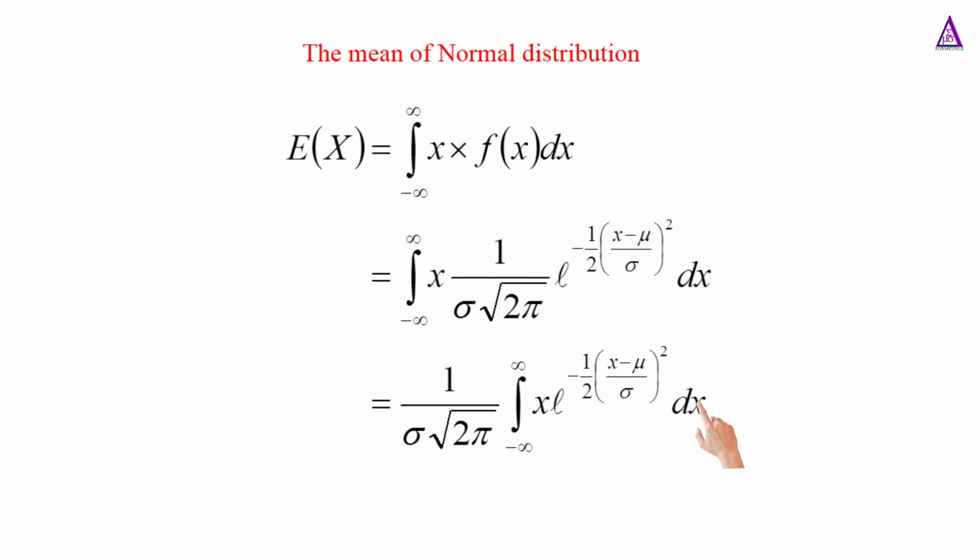By factorizing 1 divided by sigma root 2 pi out of the equation, we have 1 divided by sigma root 2 pi integral from negative infinity to infinity x exponential raised to power negative 1 divided by 2 into the bracket x minus mu divided by sigma close bracket all squared.